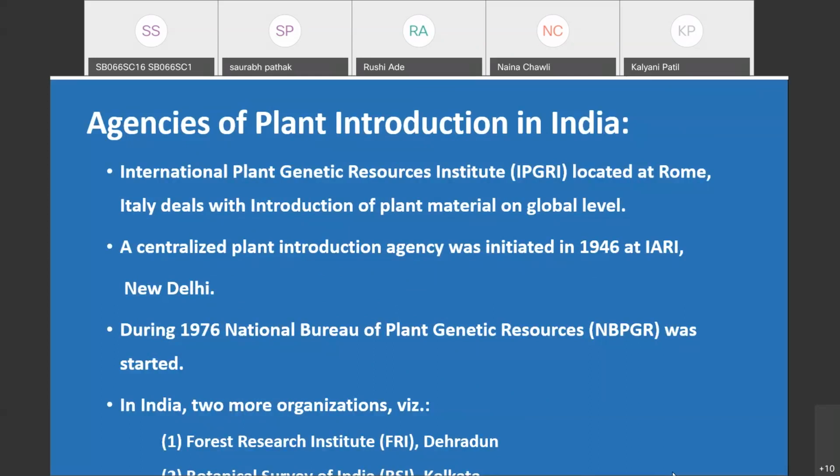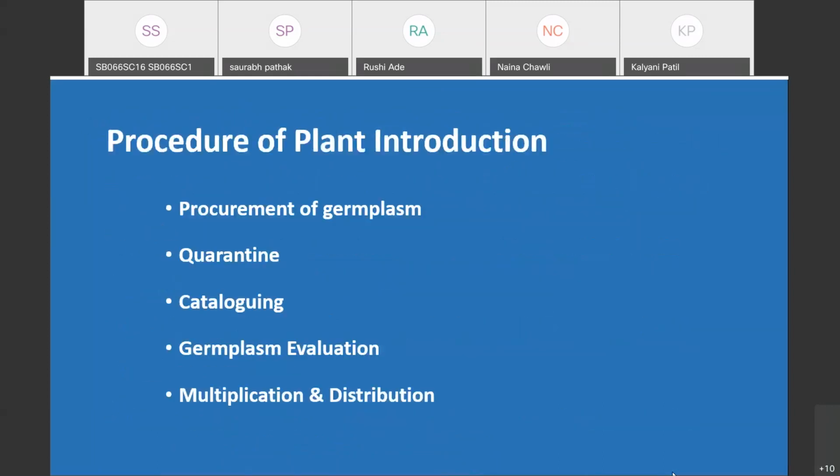Later, in 1976, one department was established in the Indian Agricultural Research Institute, New Delhi, called the National Bureau of Plant Genetic Resources. As per the law, all plant introductions in India must be routed through the NBPGR. We have discussed the role of the different institutes in plant introduction.